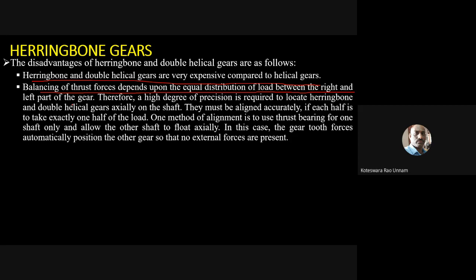So the balancing of thrust force depends upon the equal distribution of load between the right hand and left part of the gear. Therefore, a high degree of precision is required to locate herringbone or double helical gears axially on the shaft. So that's why you require large precision here.